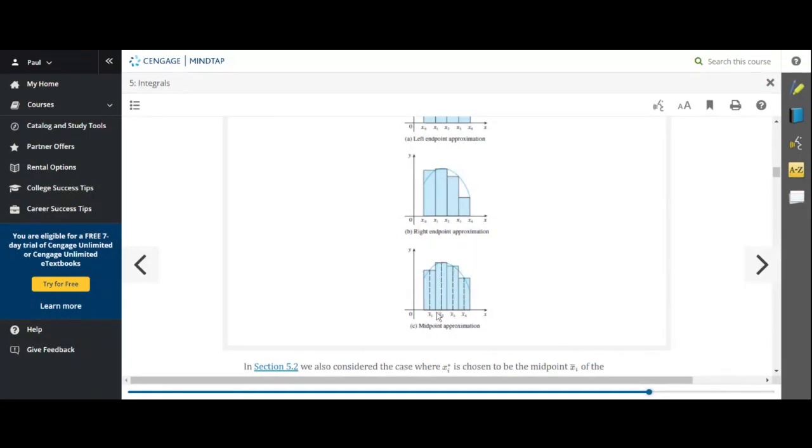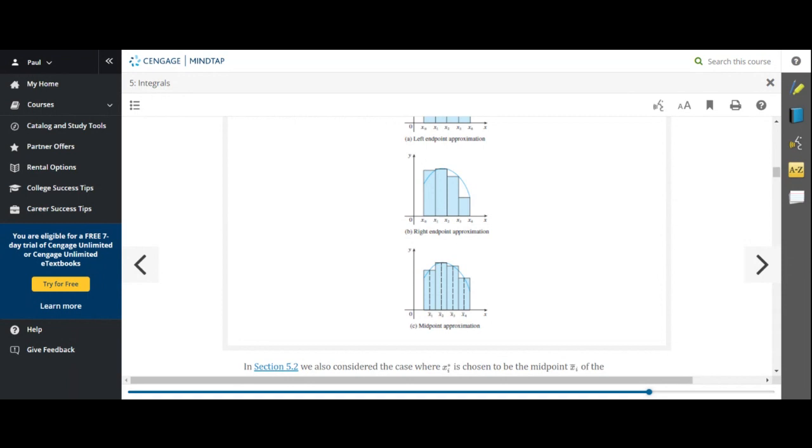So they take the midpoint of each subinterval, and that determines the height. The first rectangle's height is the function evaluated at the first midpoint. The second rectangle is the function evaluated at the second midpoint. Okay. And this is great.